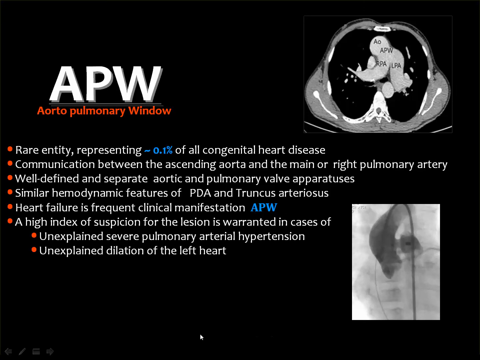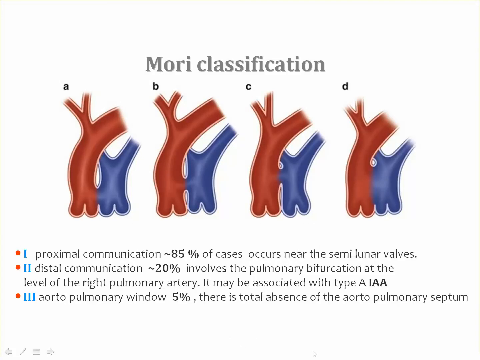When to suspect aortopulmonary window: if you see unexplained severe pulmonary arterial hypertension or unexplained dilatation of the left side of the heart.